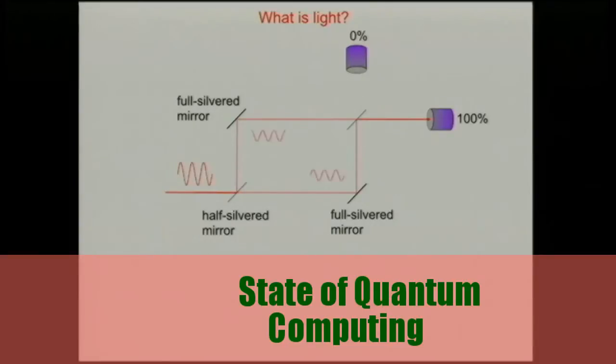So this is the wave interpretation. So we put a wave into this thing, and some part of the wave is transmitted and some part is reflected. And then those two parts of the wave propagate along, and they arrive at this beam splitter.